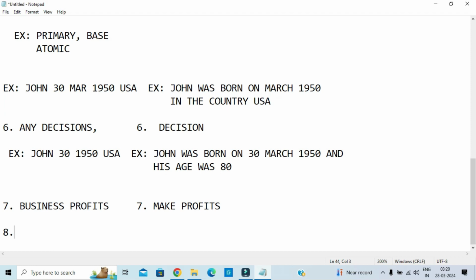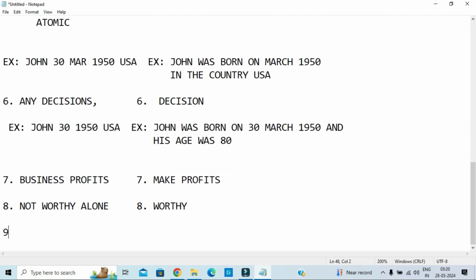Data alone is not worthy, but with information it becomes really worthy, useful for business purposes to take judgments and decisions.